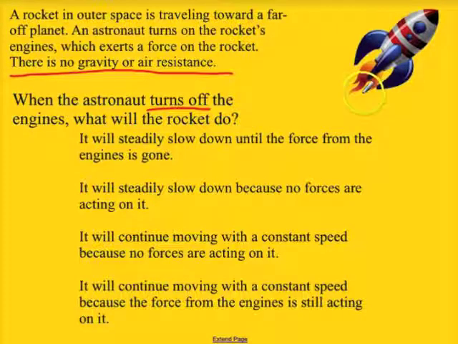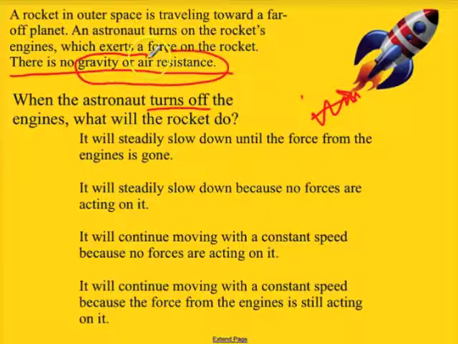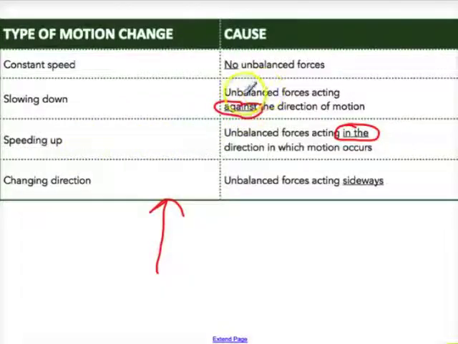So let's think about it. There is no push this way. So that's out. Now there is no air resistance or gravity. So there's nothing pushing it this way. So that's out. So if we go back to here, is there an unbalanced force acting against it? No. Is there an unbalanced force acting in the direction in which the motion occurs?